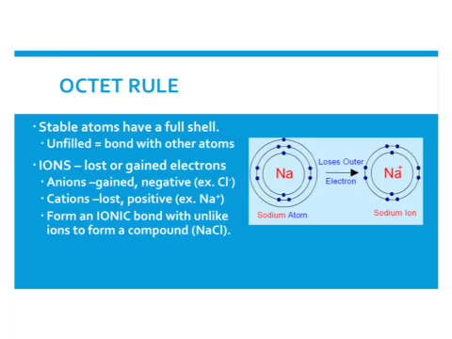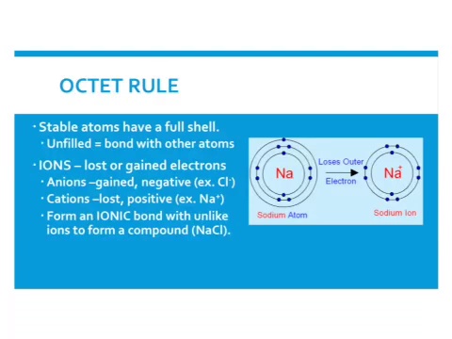If the atom has fewer than 8, it will want to gain electrons, and it will become negatively charged, and we call that an ion, okay? Specifically, if it's gained electrons, we call it an anion. If the element instead has only 1 or 2, it would prefer to lose those electrons and go down to the next shell, which is full.